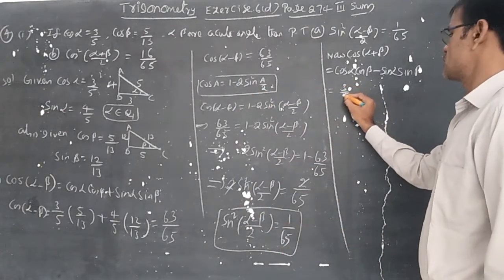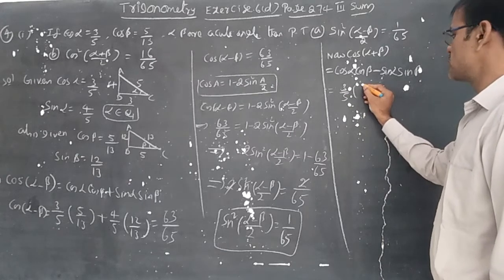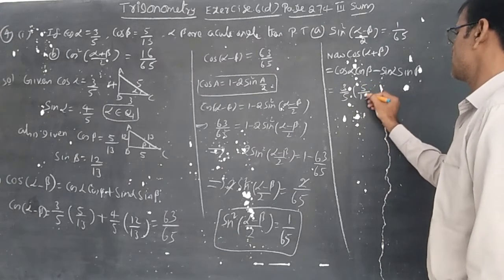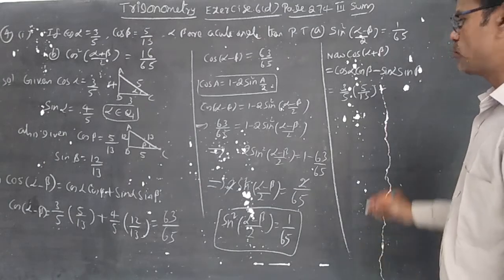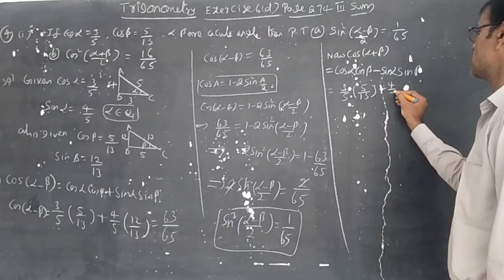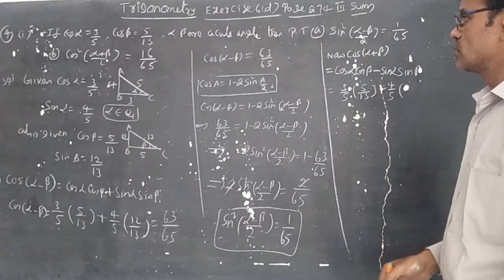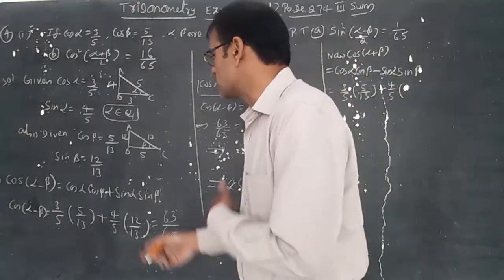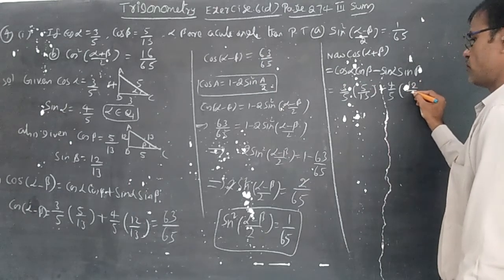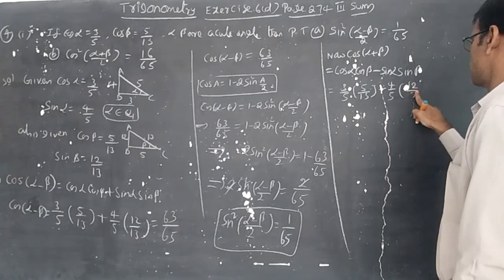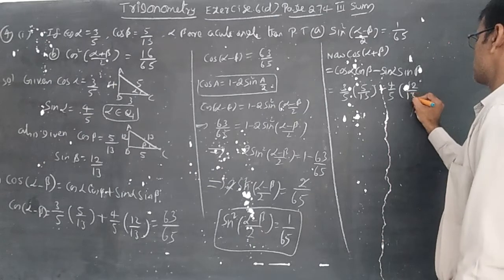Cos alpha meaning 3 by 5 into cos beta meaning 5 by 30, minus sin alpha meaning 4 by 5 into sin beta meaning 12 by 30.